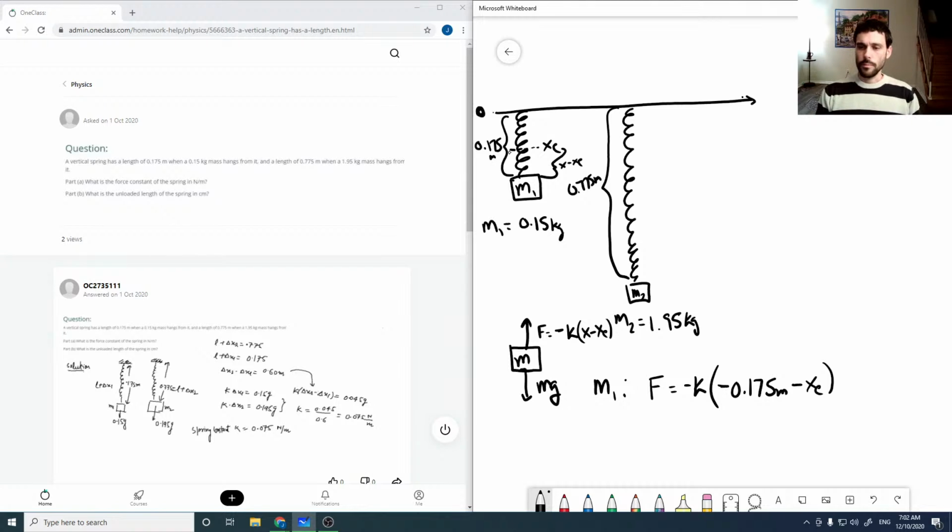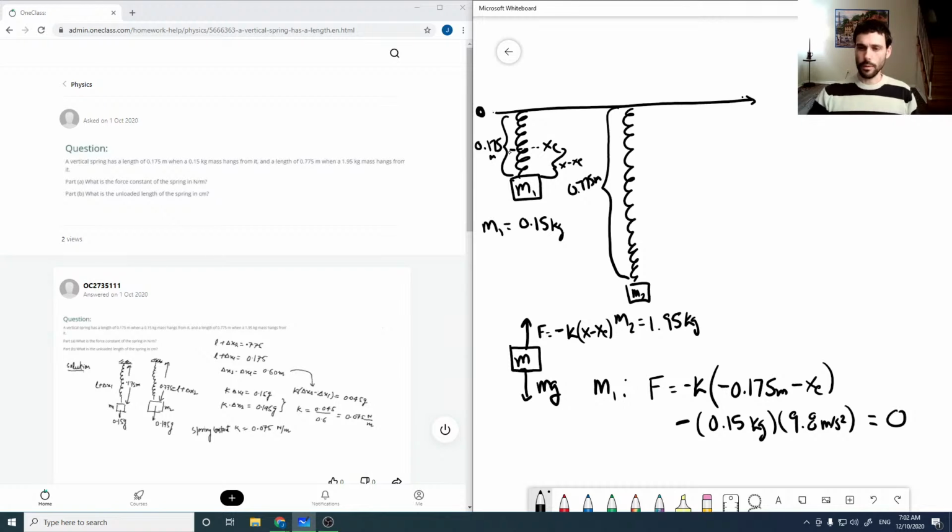Okay, so then that would be that force. And then we're going to minus mg. I'm going to move it to the other line just so I have some space. So minus 0.15 kilograms times our gravitational constant, so 9.8 meters per second squared. And that's going to equal 0 because the mass isn't accelerating, it's just sitting in place.